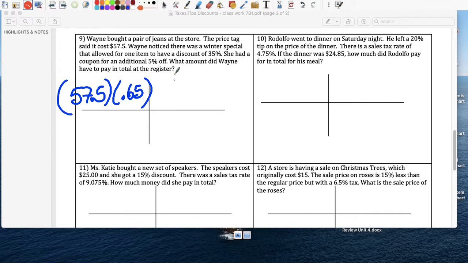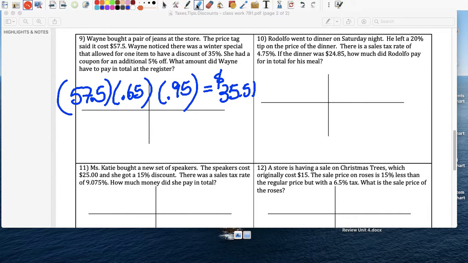And then from that new price, I have another coupon for 5% off, and that means I'm responsible for 95% of that. So 57.05 times 0.65 times 0.95 equals my total of $35.51 rounded, and that's before tax.